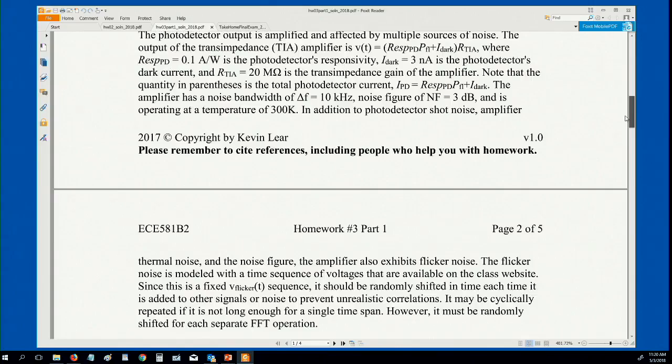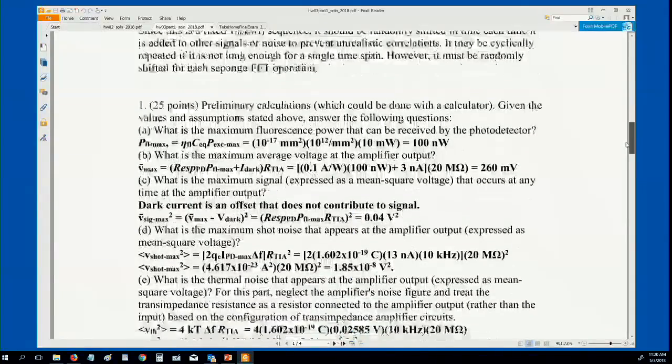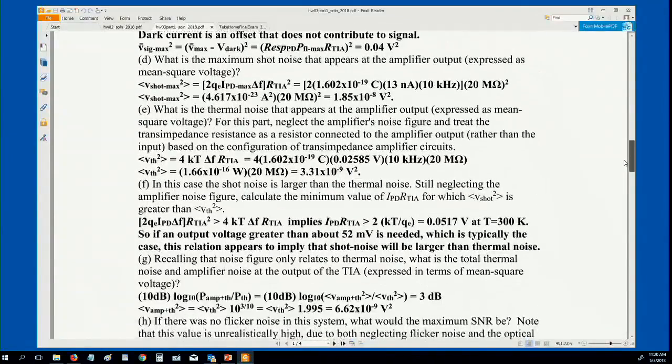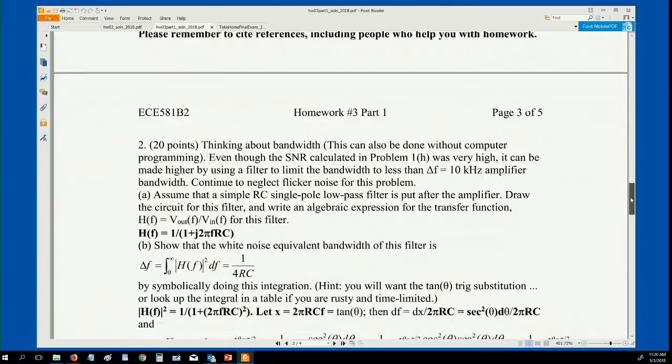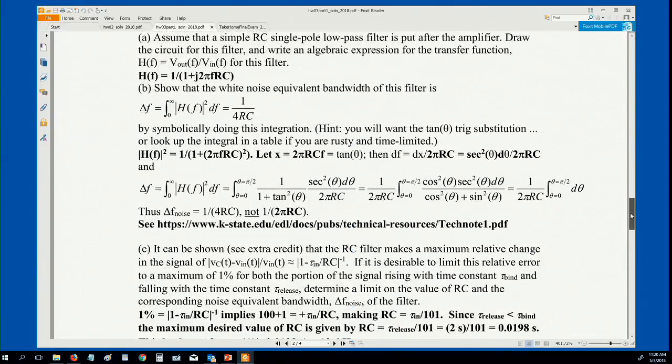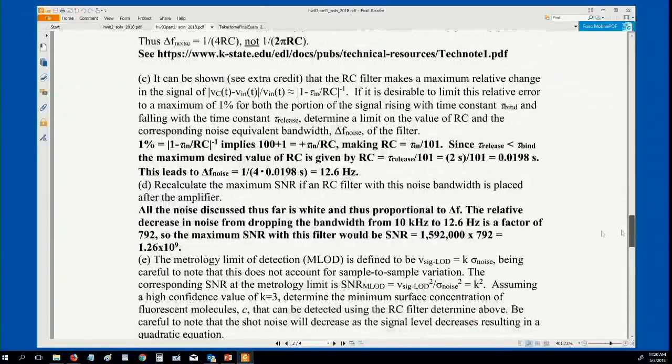But when I went through it, I got a signal-to-noise ratio from the first part that was 1.6 million, 1.6 times 10 to the 6. Then I chose a filter bandwidth for the second part, and based on the filter bandwidth I chose of 12.6, what I found out was that the change in delta F was a factor of 792. So this new filter was 792 times narrower than the 10 kilohertz I had before.